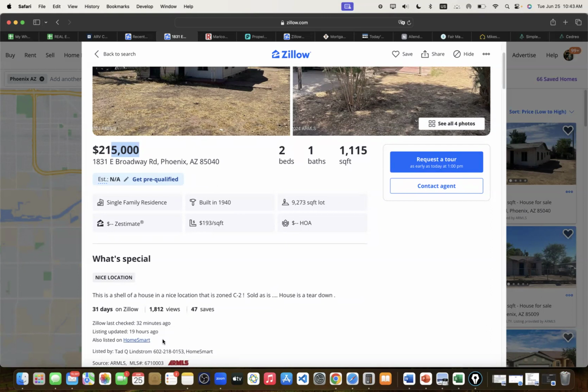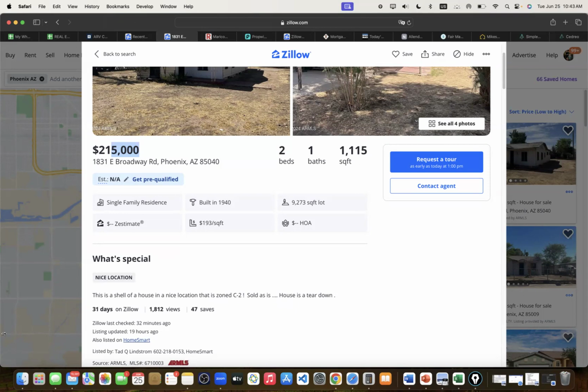Again, I know I analyzed it because I'm trying to understand the market. So if you want to spend the time knowing your market, you can just look at one property and try to figure out how it is. But it's always best to take action and reach out to the seller if you're trying to find off-market properties, or if you're looking at on-market properties, then reach out to the agent to get all the information as much as possible.